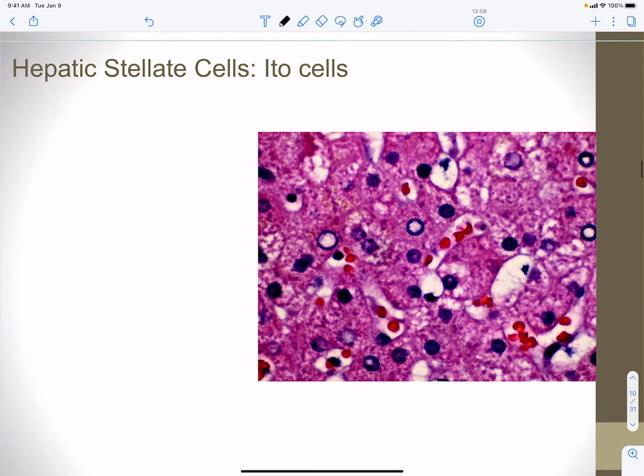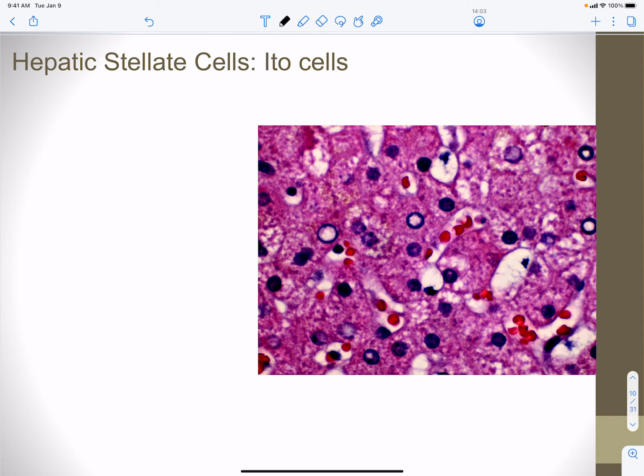We also have hepatic stellate cells or Ito cells, and these cells are usually not normally seen in a typical H&E stain. So it's really only in a disease state that they are going to be visualized because they become fat-laden, basically.